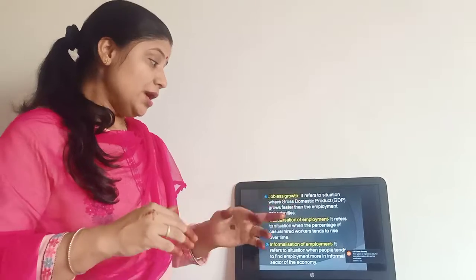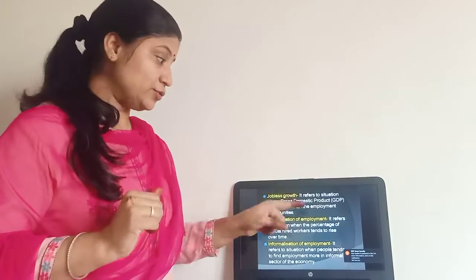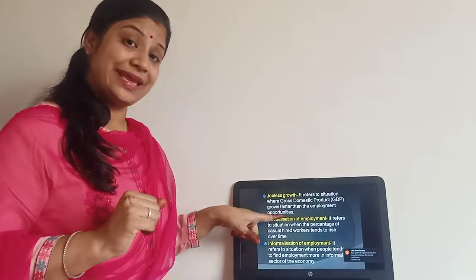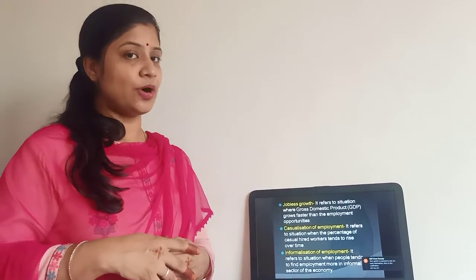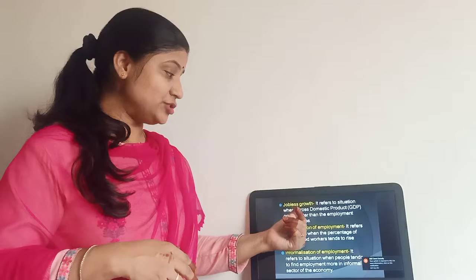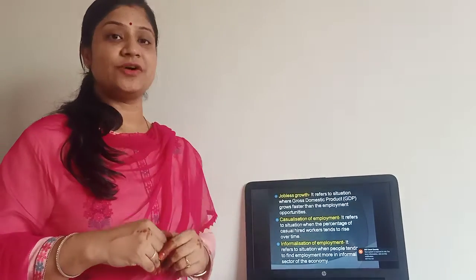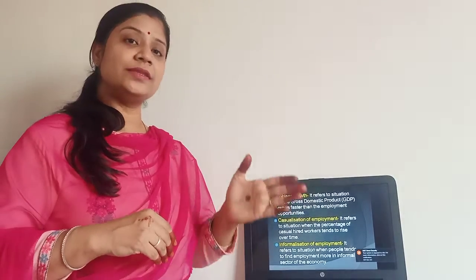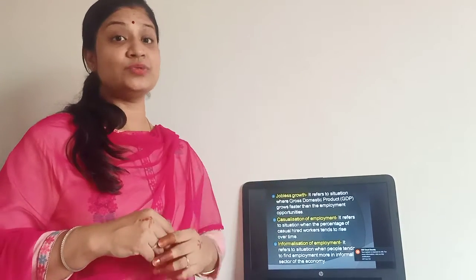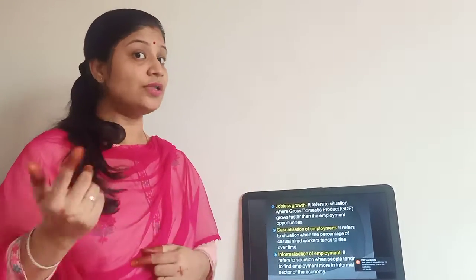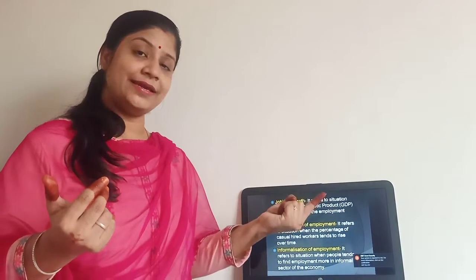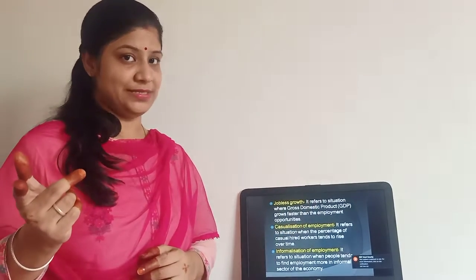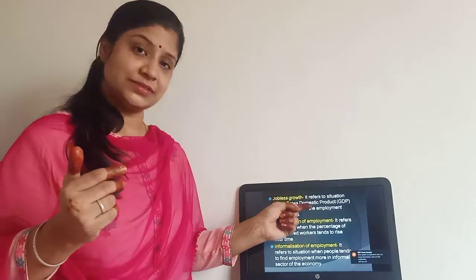Here it is growing faster in comparison with employment opportunity. That means production is increasing but there are no employment opportunities. So it is called jobless growth. Growth of a country is there but not in jobs. It shows that production is done using more technique, not labor. So it is technique intensive, not labor intensive. That is called jobless growth.